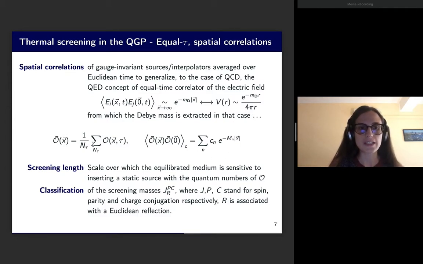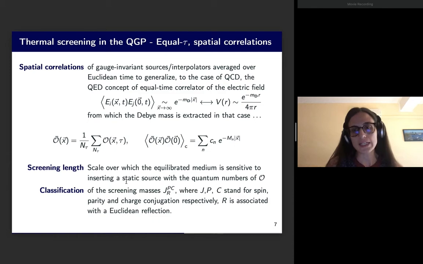Then one generalizes this to the case of QCD and defines the screening length as the scale over which the equilibrated medium is sensitive to inserting a static source, which has the quantum numbers of what I am indicating by a calligraphic O in this formula, that then is the ingredient of the connected correlator that we actually measure.